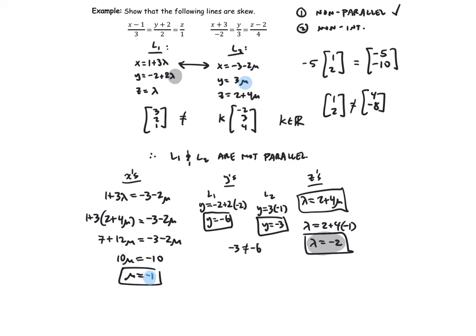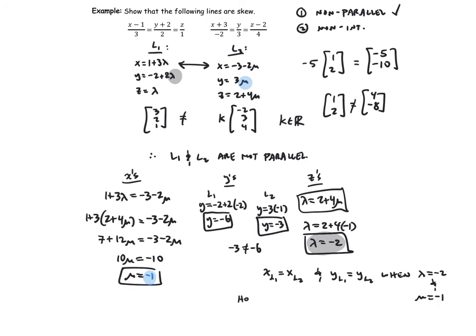Since that's true, I know that, and let's clarify this, x for L1 is equal to x for L2 and y for L1 is equal to y for L2 when lambda is equal to negative 2 and mu is equal to negative 1.